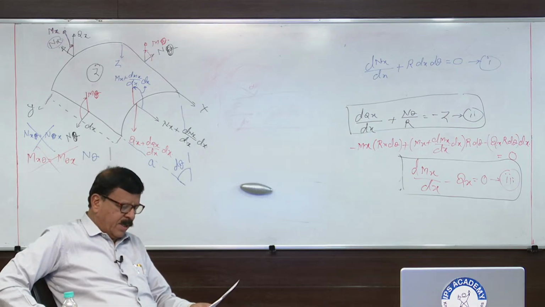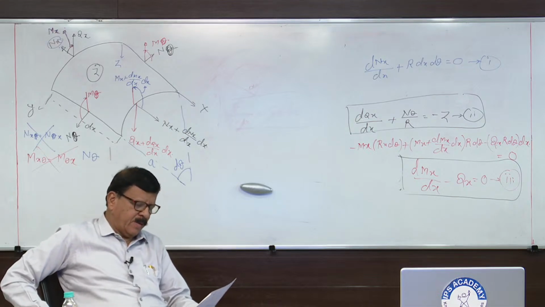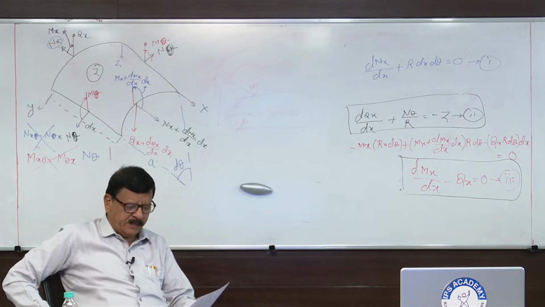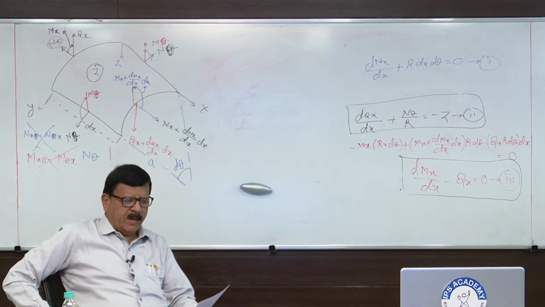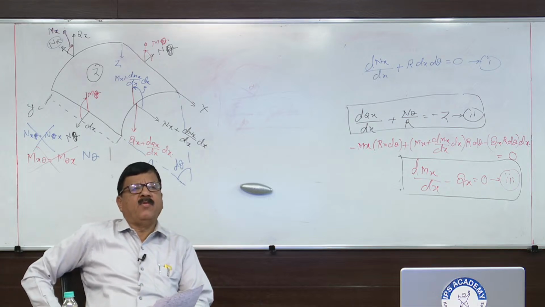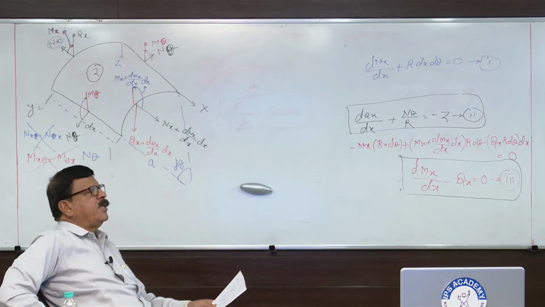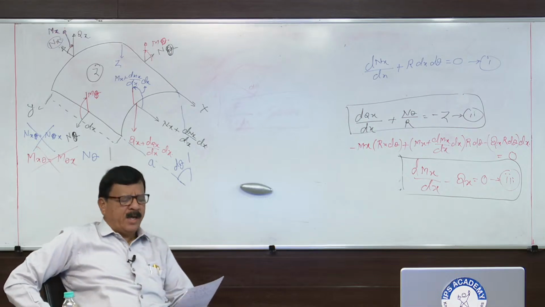If we consider displacements of the points in the middle surface of the shell from symmetry, there are three components for this: u, v and w. Displacement, there are three components of the displacement u, v and w.